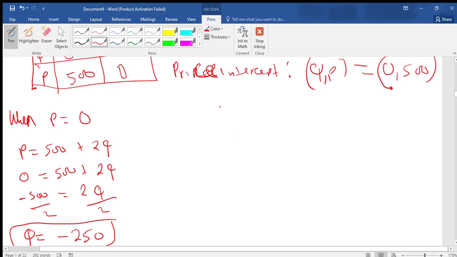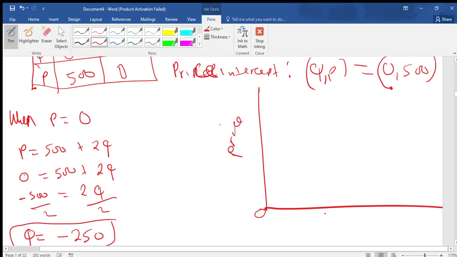If this is my y-axis and this is my x-axis, I'm looking at this becoming my 0, and this is my price axis, and this is my quantity axis. If 0, 500 is somewhere here, this is 500 where the price is.